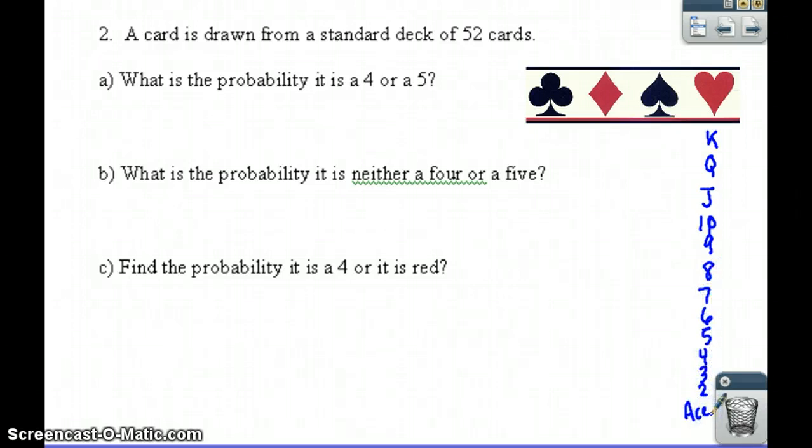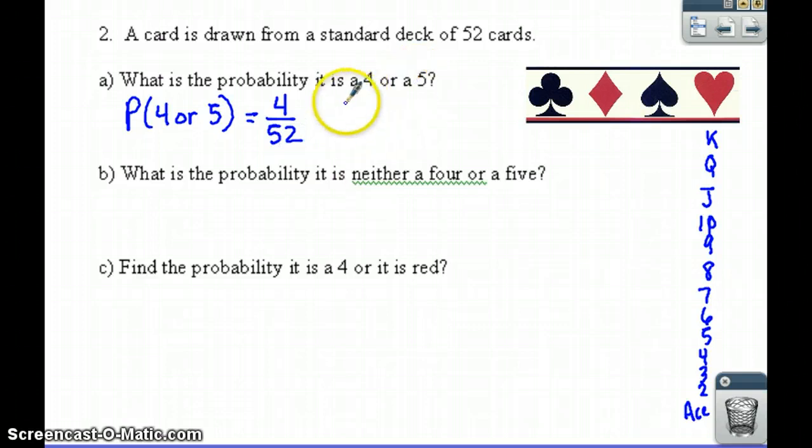So the probability it's a 4 or 5. Well, probability it's a 4. How many 4s do we have? There's 1 of each suit, so there's 4 out of the 52 cards. Or a probability that's a 5. Well, there are also 4 5s.